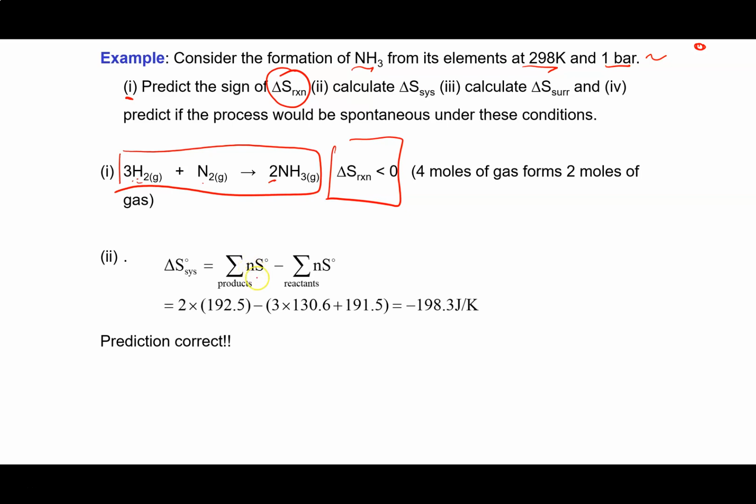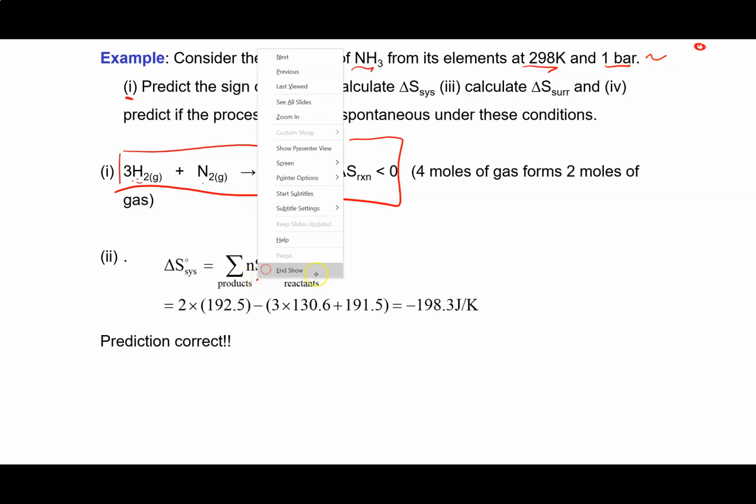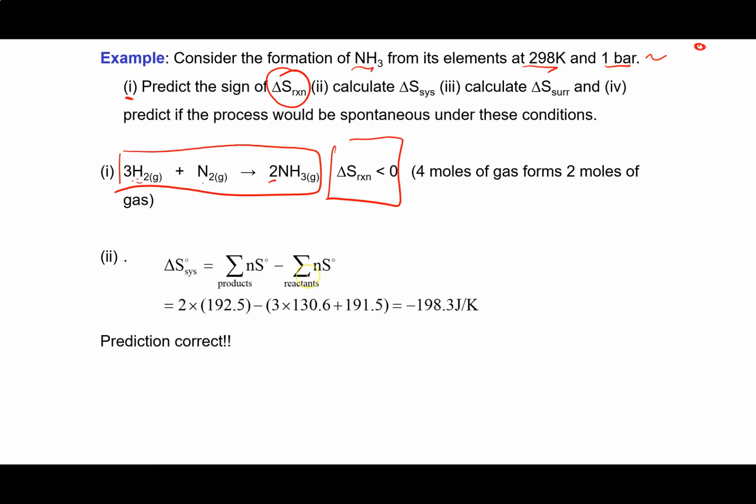I take the standard molar entropies of my products, add all of those together, and subtract from that the sum of the standard molar entropies of my reactants. So I've got 2 ammonias, and they each have a standard molar entropy of 192.5 joules per Kelvin, and then I'm going to subtract from that 3 times the standard molar entropy of H2 plus 1 times the standard molar entropy of N2.